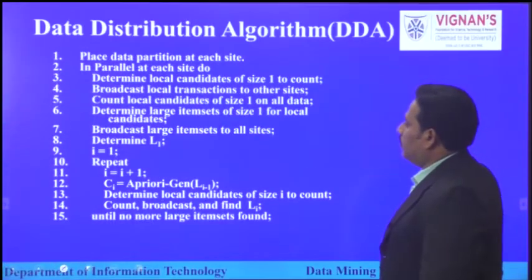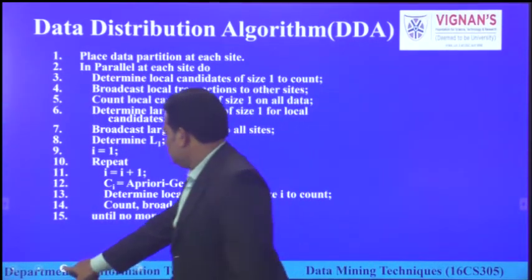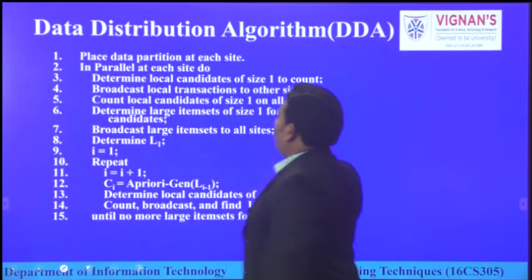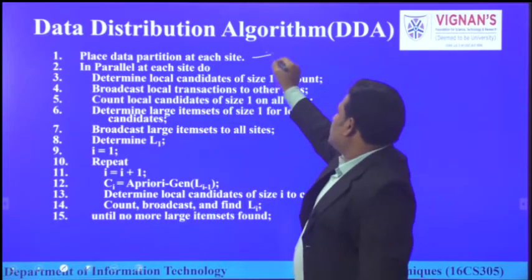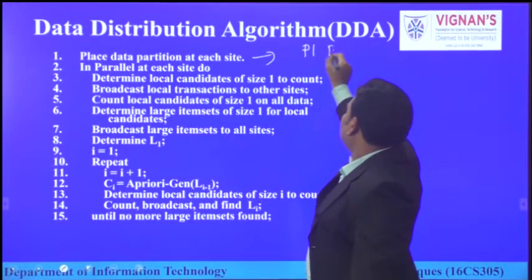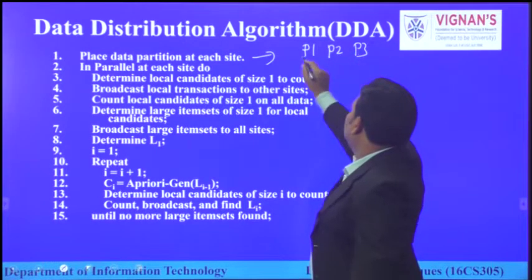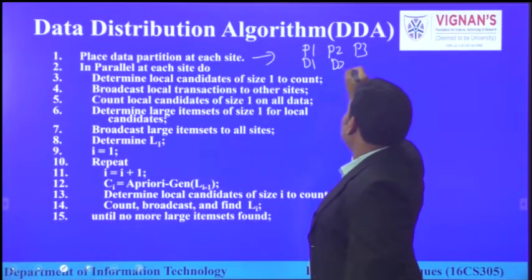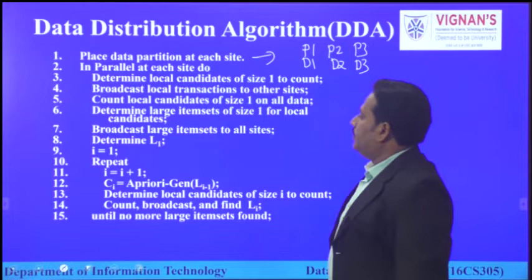Let's have a look at this algorithm. Place the data partitioning at each site, same thing. We have done 3 partitionings, P1, P2, P3. The names of the data partitions are D1, D2 and D3.